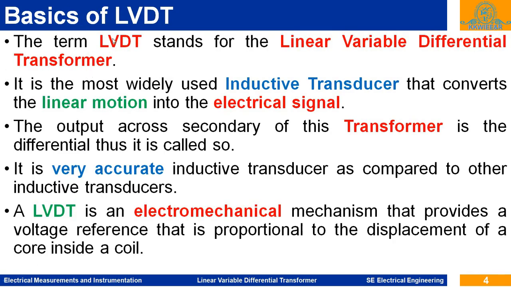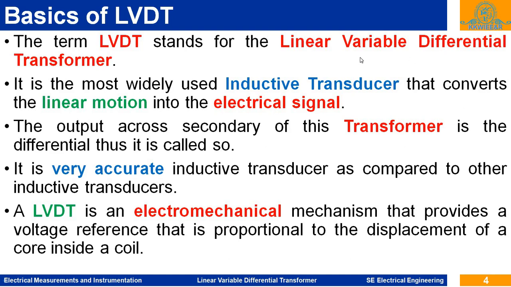So we'll start with the basics of LVDT. The term LVDT stands for linear variable differential transformer. As its name suggests, there is a transformer which has a primary and secondary winding. We'll see why the word differential is used.